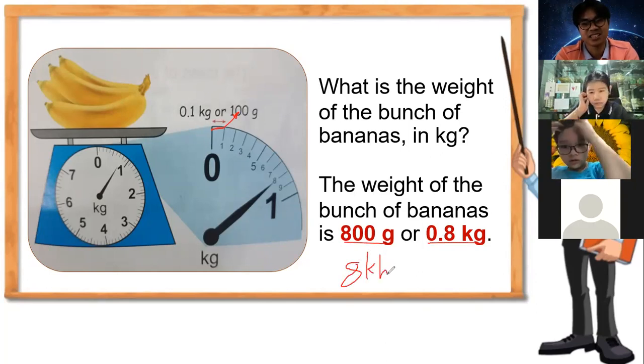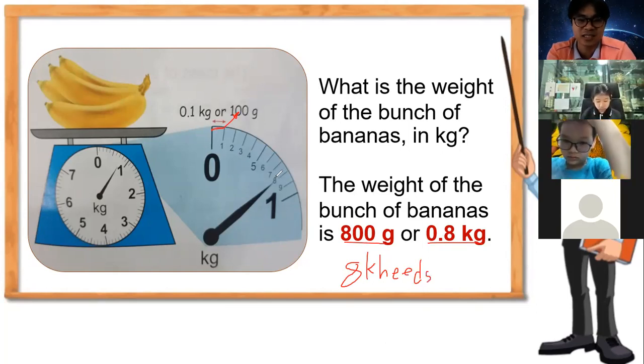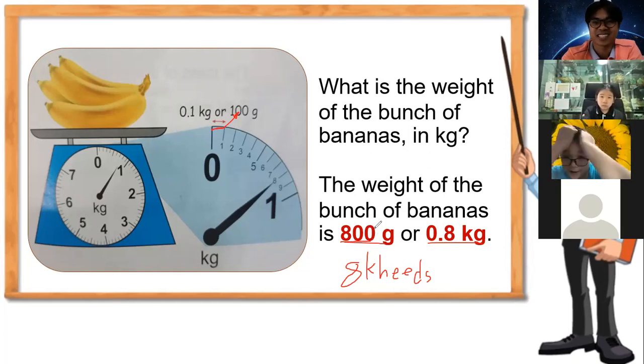Yes, 8 kids. If you are asked to answer or to measure in kids, the answer is 8 kids. If in kilograms, 0.8 kilogram. If in grams, 800 grams. Like that.